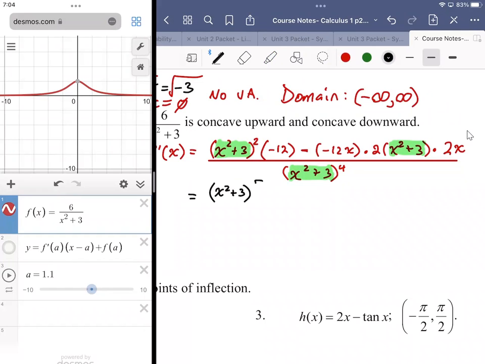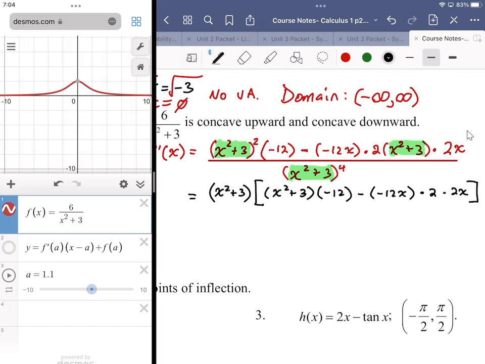I'm going to use a square bracket to keep things somewhat organized. I'm going to have an x squared plus 3, for quality 3, a negative 12 minus the negative 12x times 2 times 2x.